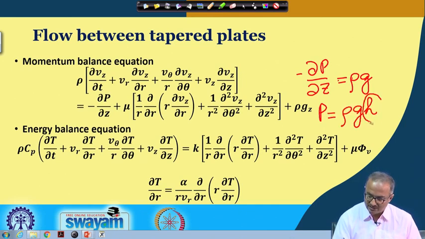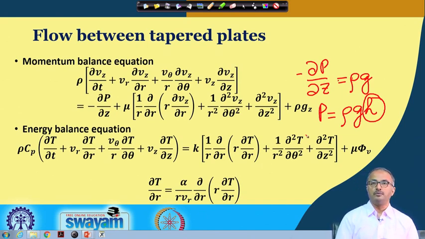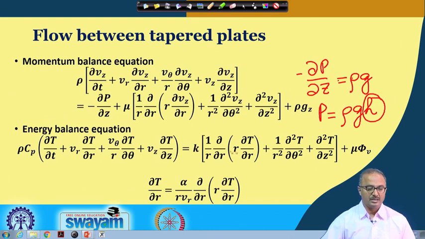If h is very small, you can neglect the effect of the hydrostatic head. So this is all about the momentum balance equation, and from these equations you can find the velocity. This velocity will be required to solve for the temperature distribution, and here you now write the energy balance equation.